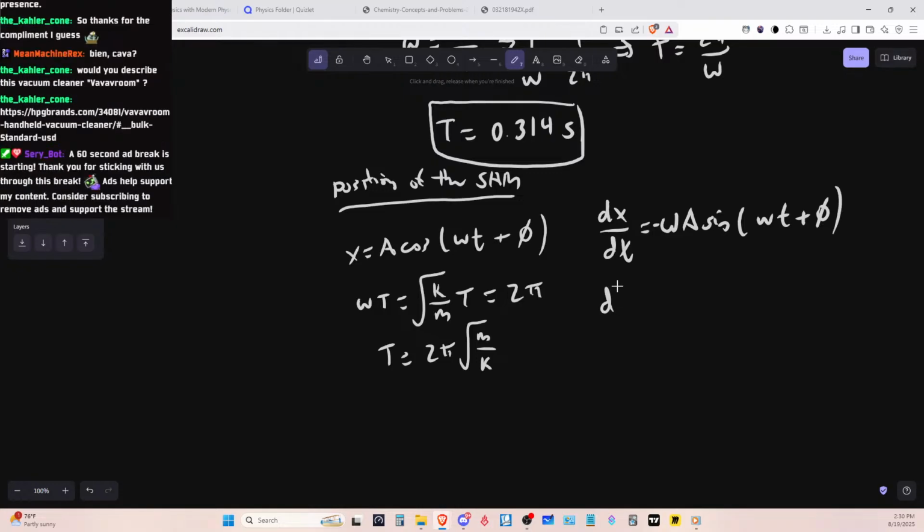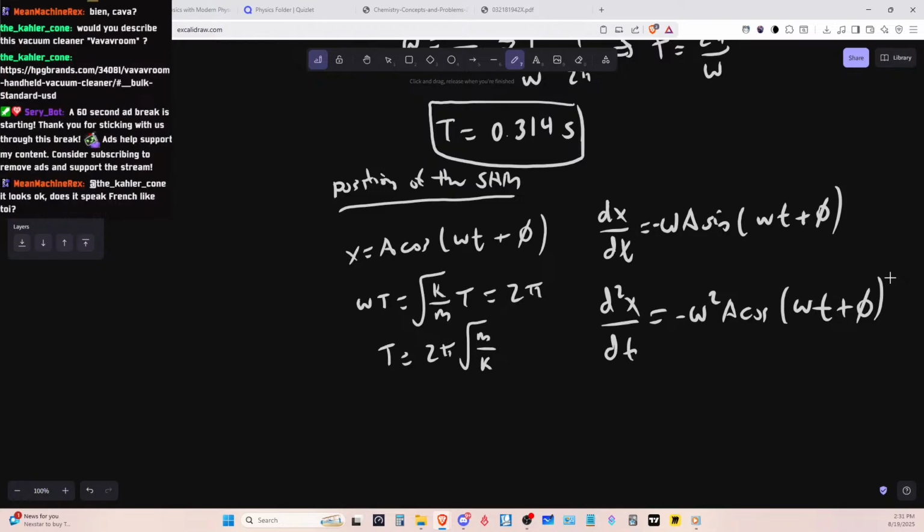And then you take the second derivative of that, then it would be squared, and then back to cosine, and then omega t plus phi. There we go. Looks okay.